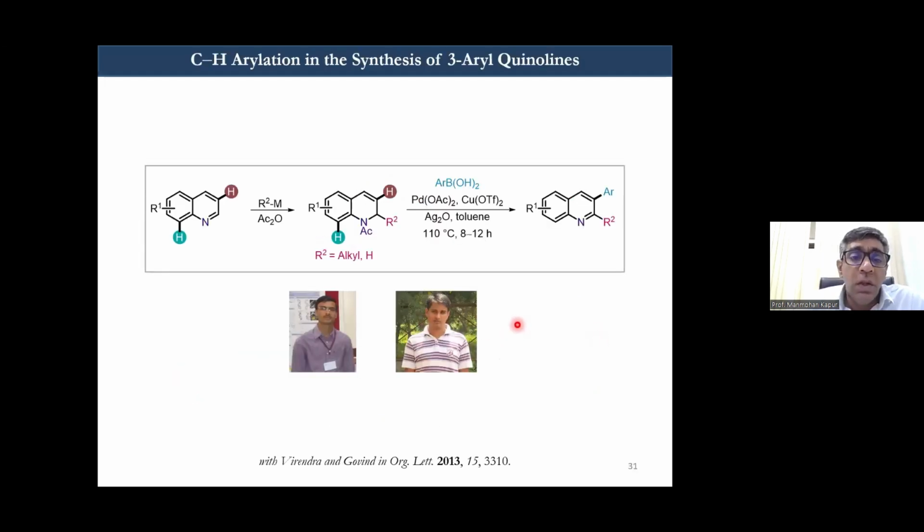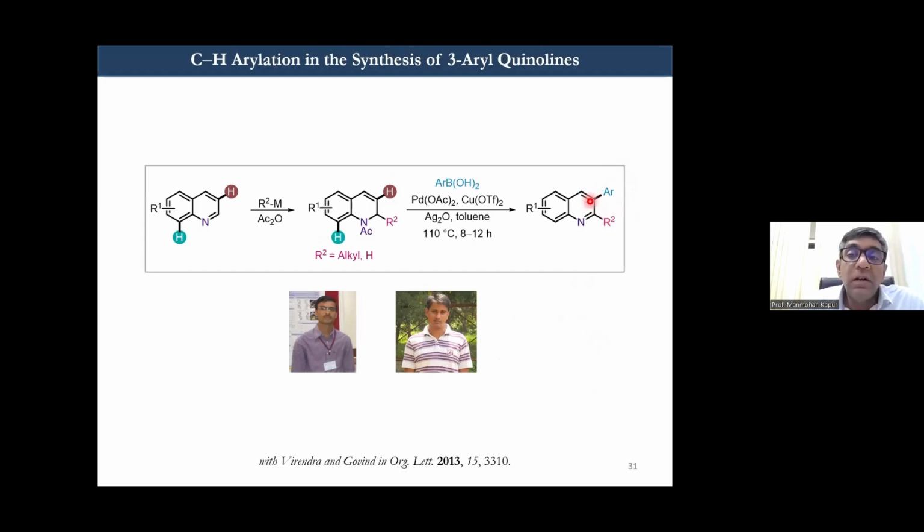Okay, so moving forward with this particular concept of electrophilic activation, we thought that we could use it to get an aryl group on the C3 position of an electron deficient heteroaromatic. Quinolines and isoquinolines are pi deficient species.